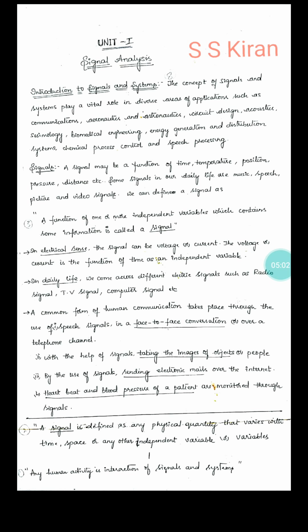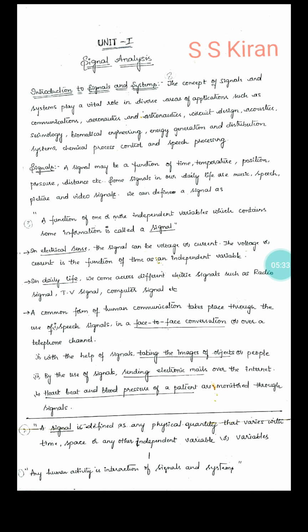Once again we can concentrate on the definition of the signal. A signal is defined as any physical quantity that varies with time, space, or any other independent variables. Then a famous point is there: any human activity is an interaction of signals and systems.